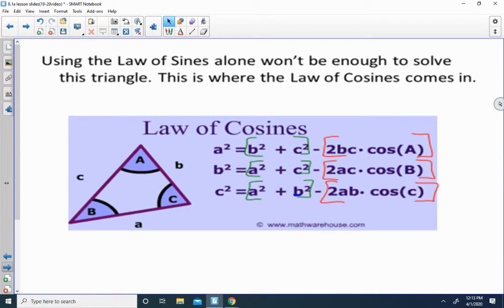It just depends on what letter you're using. And usually, the variation you want to use will depend on the angle that you're given. So if you're given angle A, you might want to use this one. If you're given an angle that's B, you might want to use this one, so on and so forth.